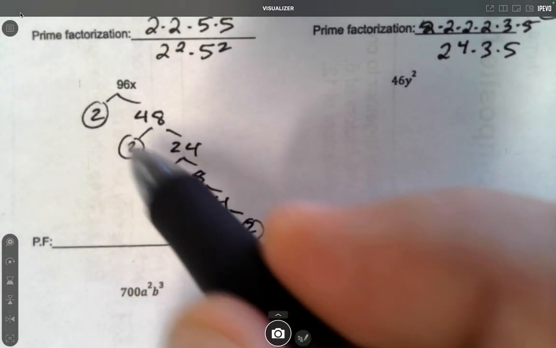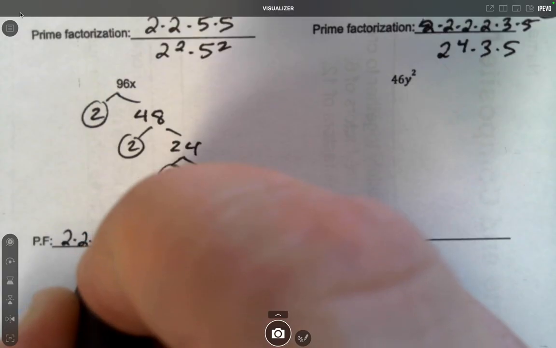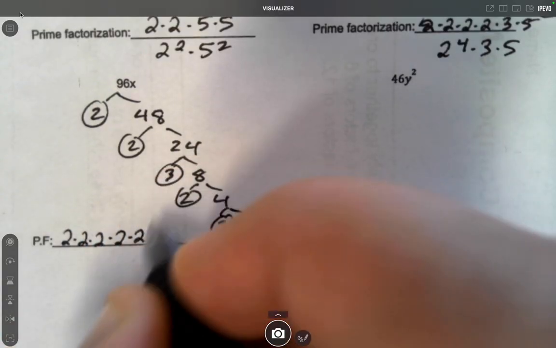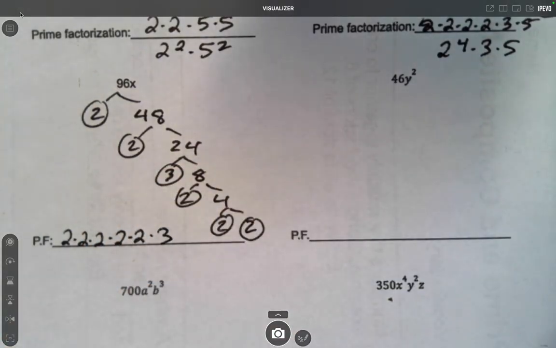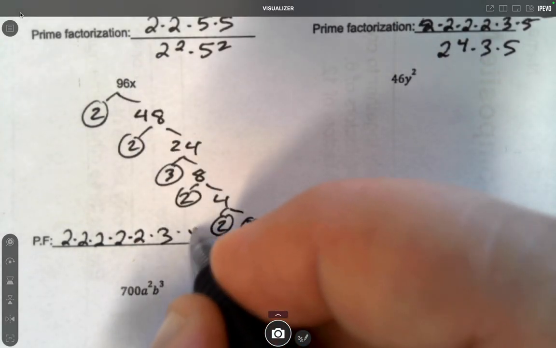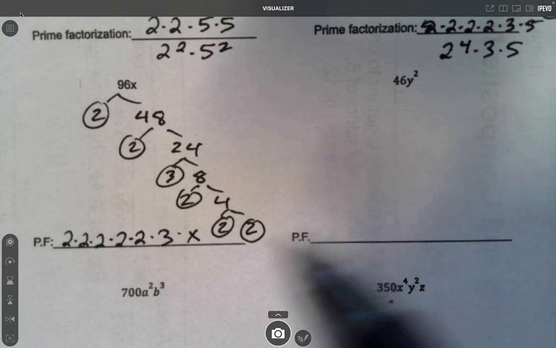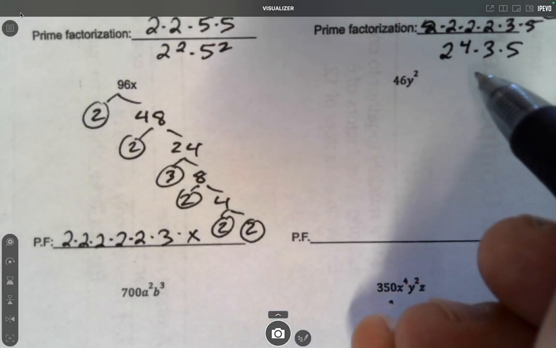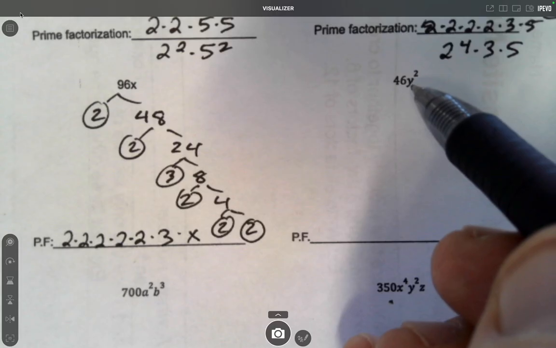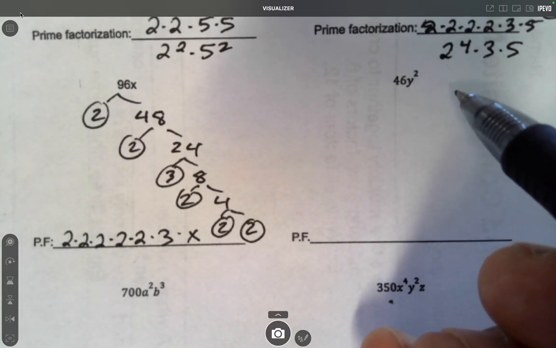So 1, 2, 3, 4, 5 2's. 1 3. And because there's a variable of x, we just put times x. So the variable part really doesn't make it a whole lot more complicated. You'll just need to include the variable, or as we will do in the next one, you have to expand that to say y times y, because y squared means y times y.